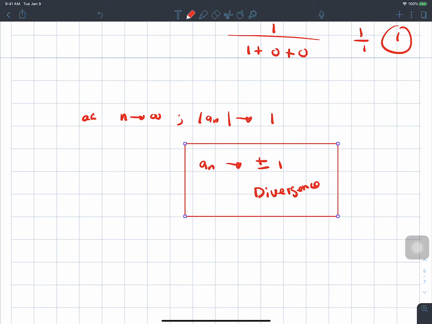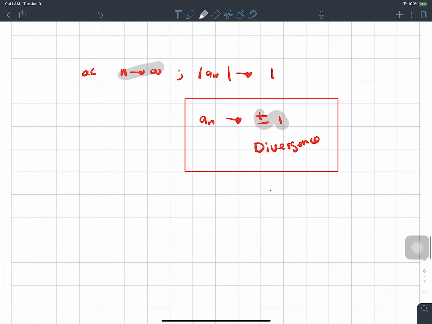we're looking at how the terms of the sequence behave as n gets big. Ultimately, what's the behavior? n gets big. That's what we're looking at. And as n gets big, the absolute value goes to 1, but that means the terms are alternating between positive 1 and negative 1 forever.